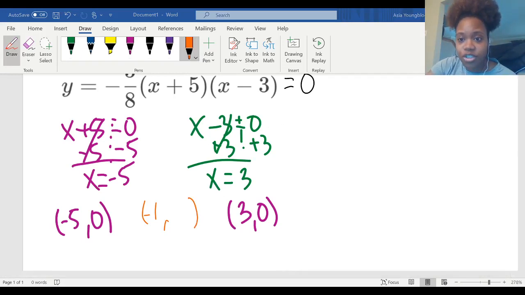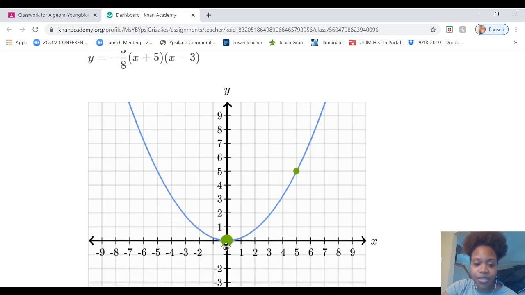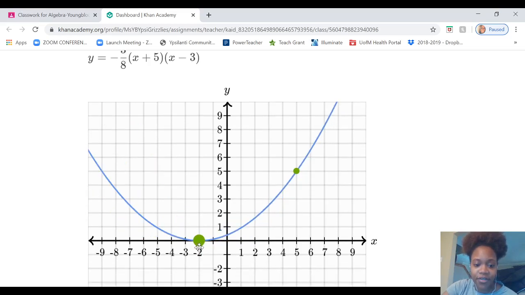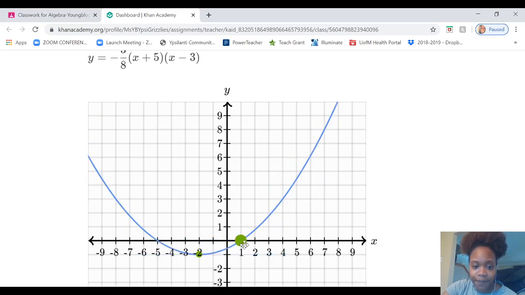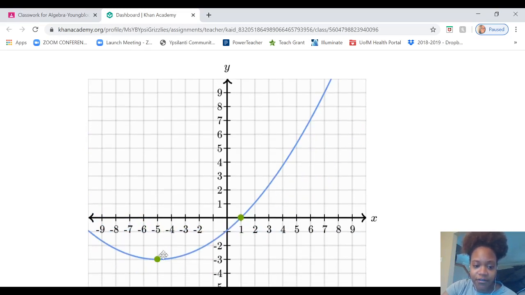Or we can switch back to our browser and actually look at this graph. So if we look at this graph, we want the x value to be in between negative 5 and 1. So let's say my x value was way over here at negative 5.